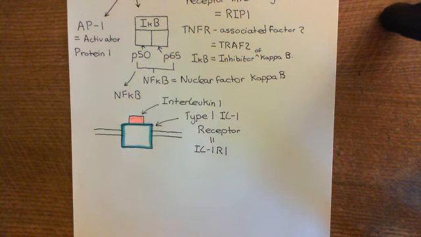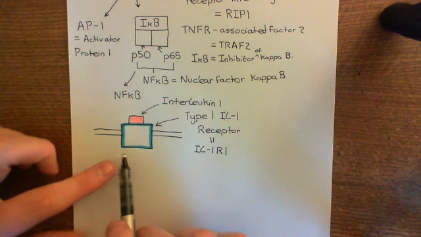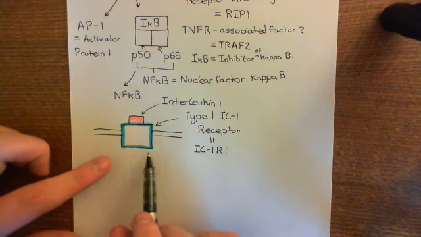What's going to happen is that the interleukin-1 receptor, type 1, is going to now get a bunch of proteins that are going to come and associate with the cytoplasmic domain.